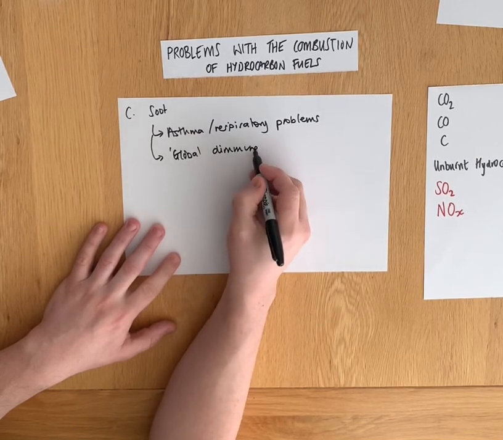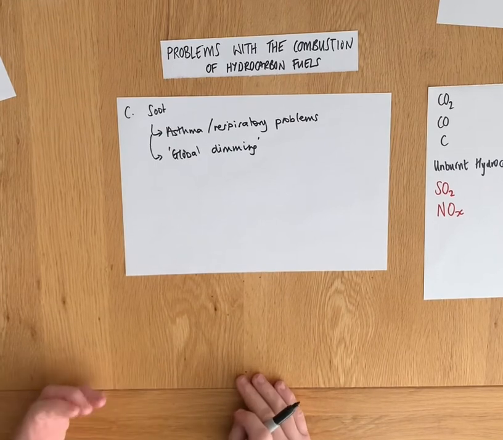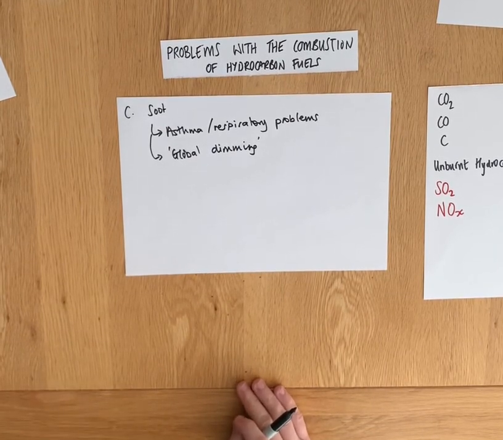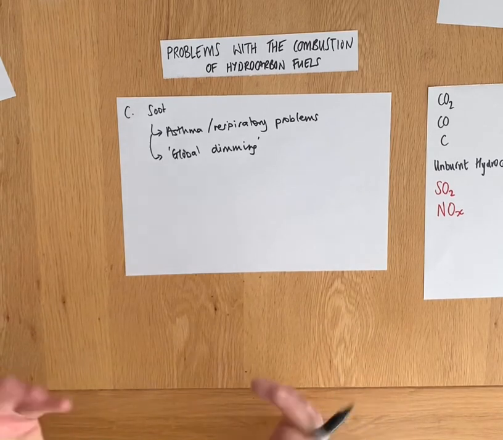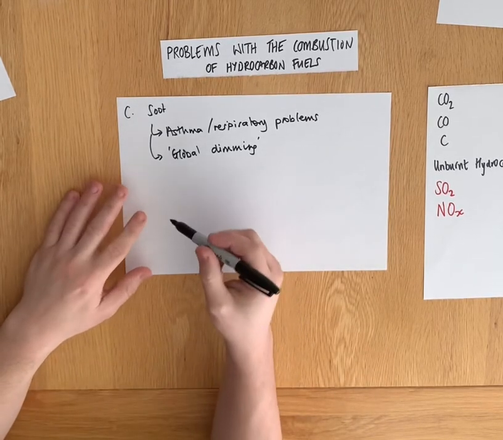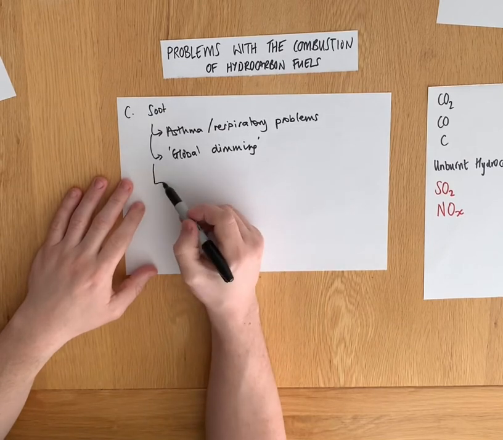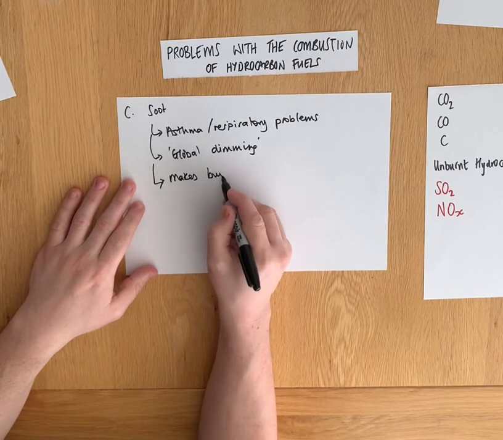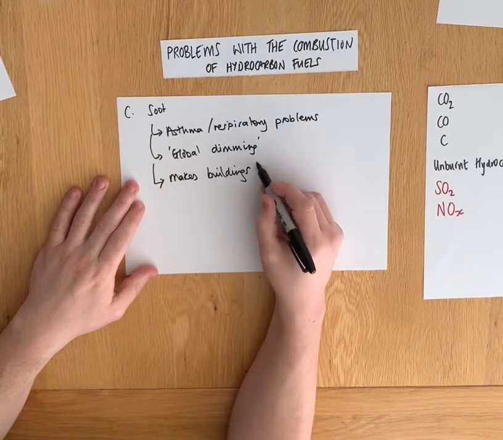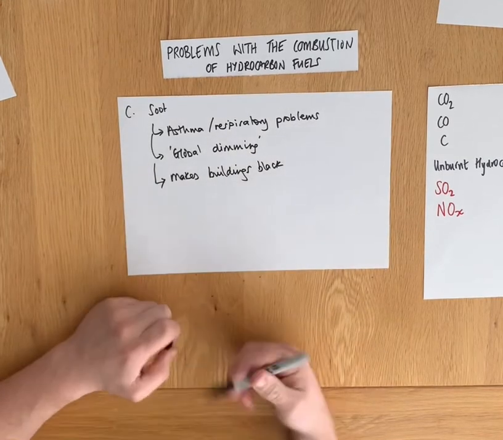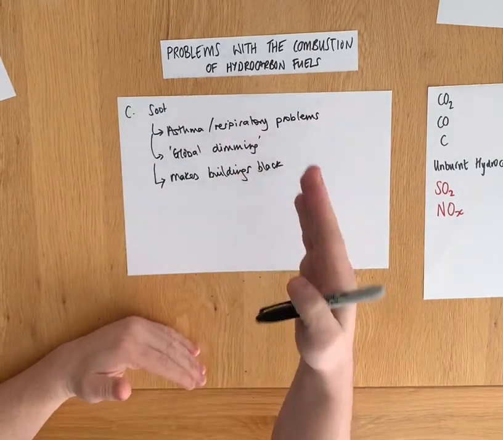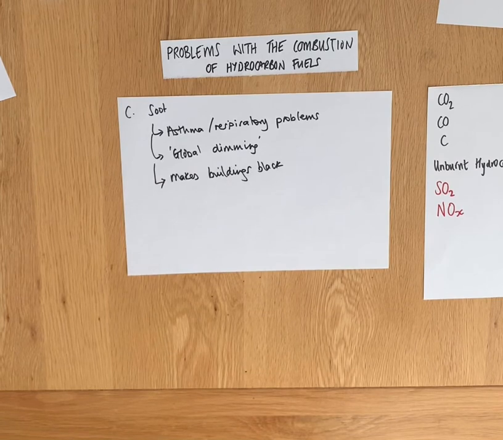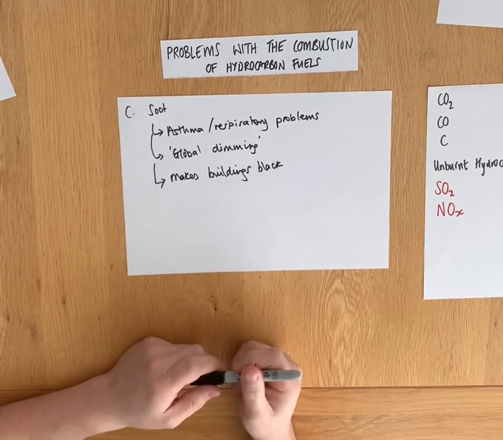Because it is a black solid, it can basically reflect or absorb, well, it absorbs mostly some of the light coming from the sun, so it creates a darker environment, very much like the old smog back in the day. It also makes buildings black, and that costs money to remove. So it causes many respiratory problems, global dimming, and makes buildings black.